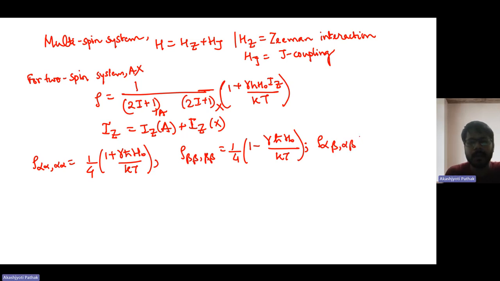These will be coupled, so that is why we are multiplying them. For rho alpha alpha and rho beta alpha, they will have 1 by 4.